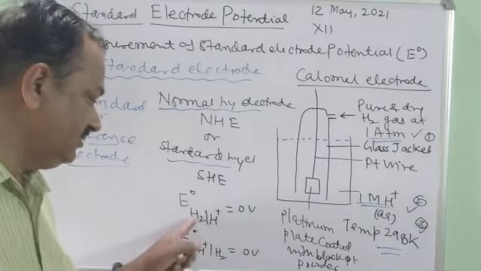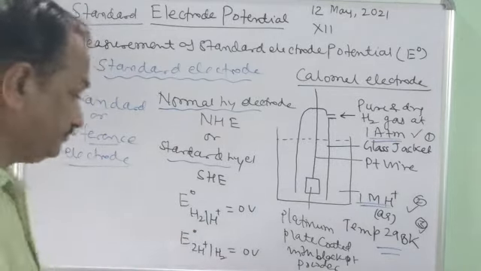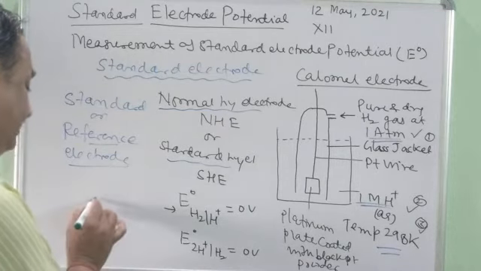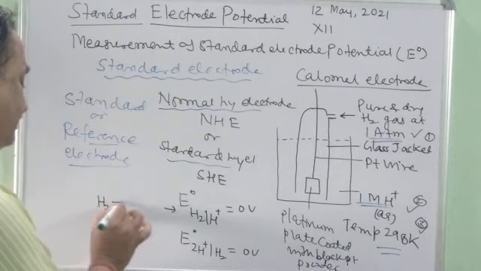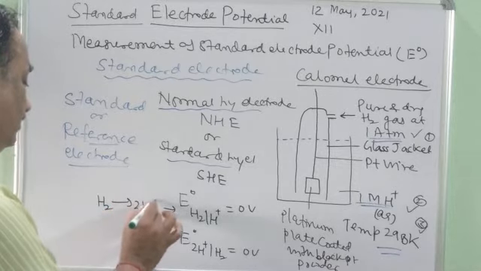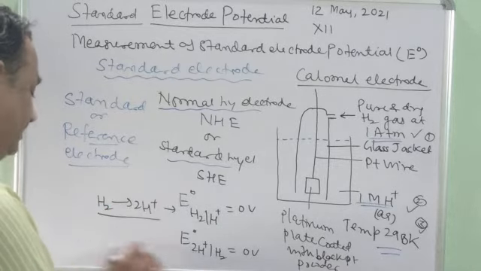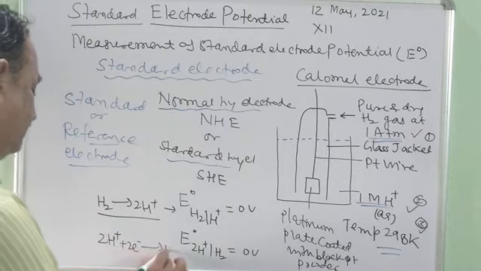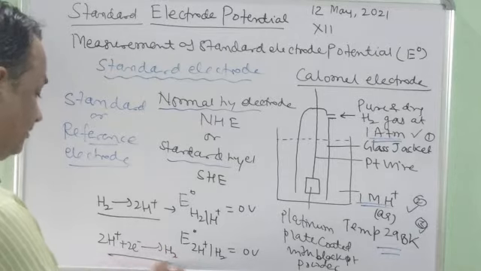Now there is a reaction. Hydrogen gas, H2, is converted into 2H+ ions. In this condition, 2H+ ions are gaining 2 electrons, and there is formation of hydrogen gas.